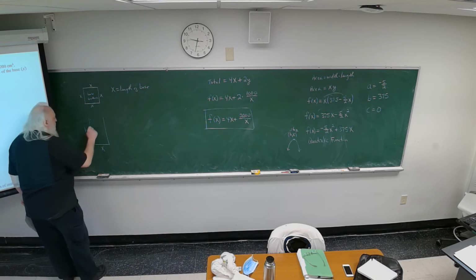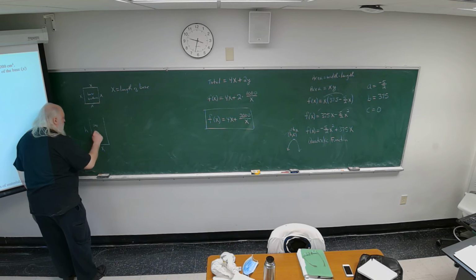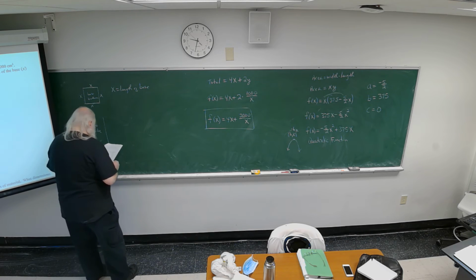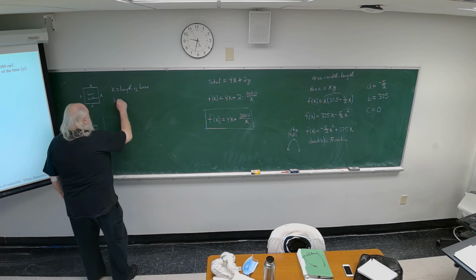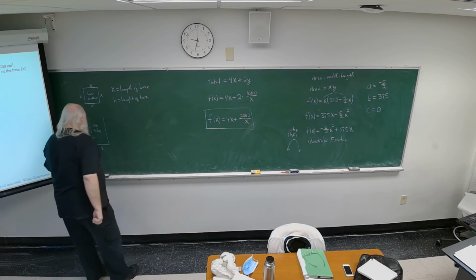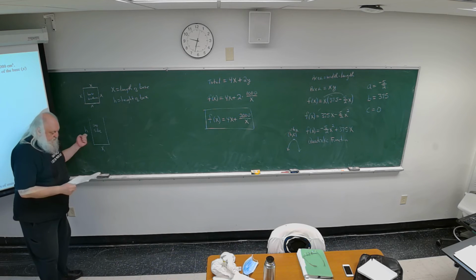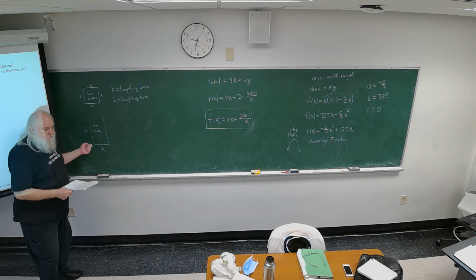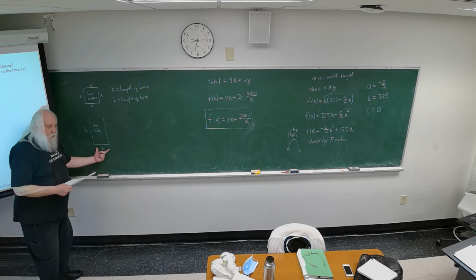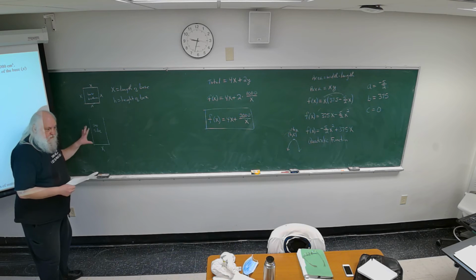So this is one side of the box. And the volume of our box is fixed at 32,000, right? So how much wood we need in constructing this box depends upon how wide it is, how tall it is.